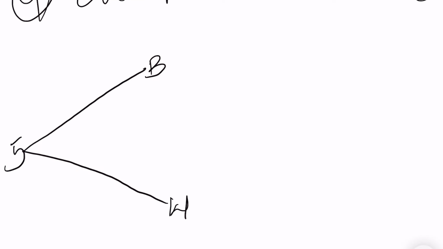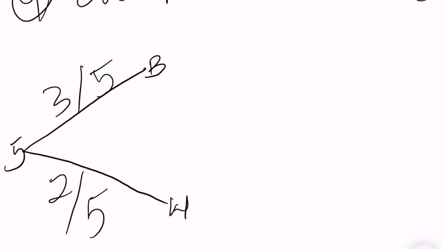So representing it on the tree diagram, we have 5 balls here. Then we have black and we have white. Here we have 3/5 and here is 2/5. These are the 3 black balls and these are the 2 white balls.